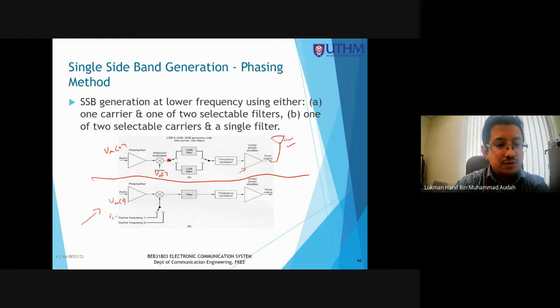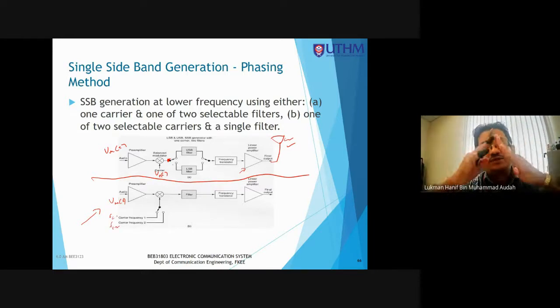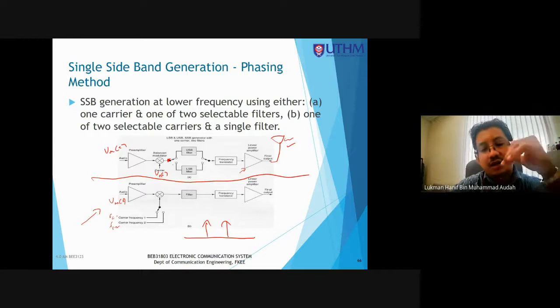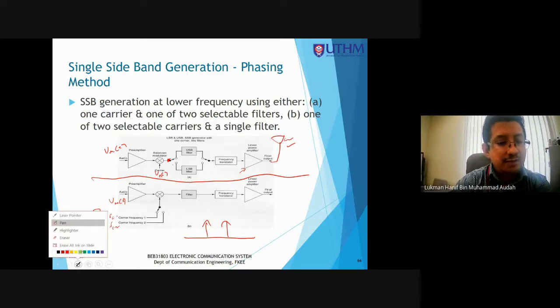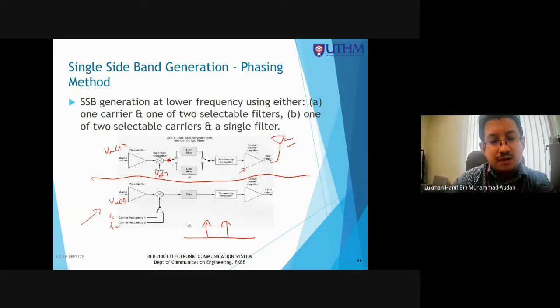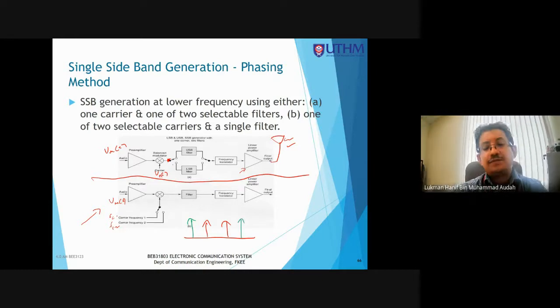So FC1, FC2. So remember that setiap kali proses mixing akan menghasilkan dua sideband sepasang. Okay. Kalau kita ada dua frequency carrier yang berbeza, bermakna kita boleh produce dua pasang sideband.